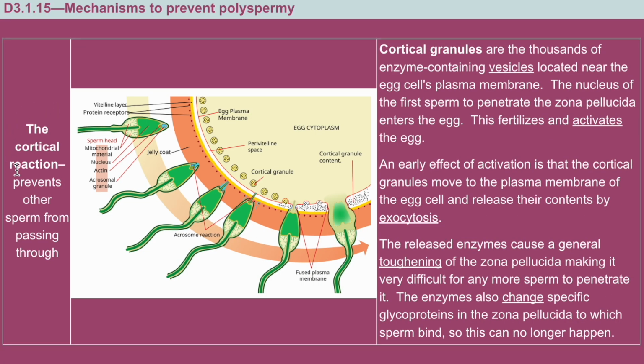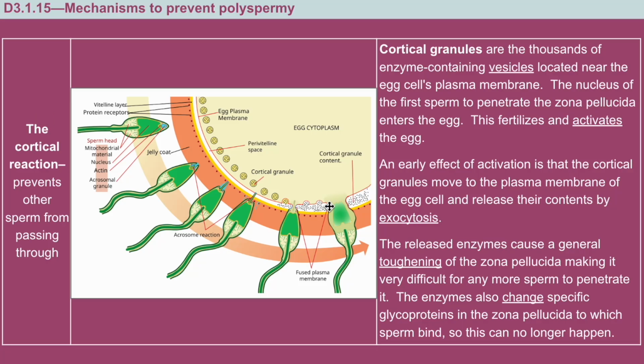So then we have the cortical reaction. This is going to prevent other sperm from being able to pass through, making the egg inviable. Now, near the edge of the egg are cortical granules that are filled with enzymes. They're vesicles that when the first sperm penetrates, that activates the egg. The egg moves the cortical granules and does exocytosis, releasing the contents.